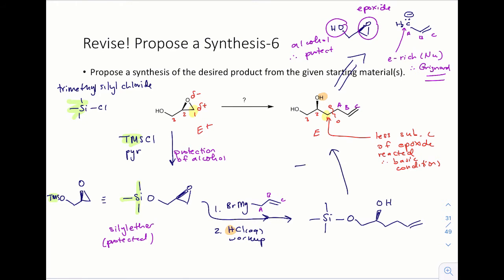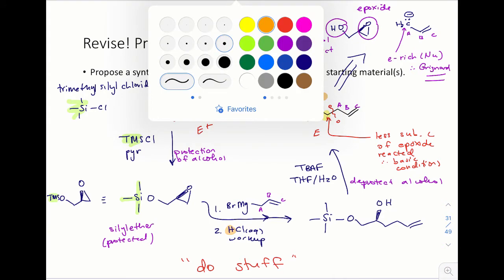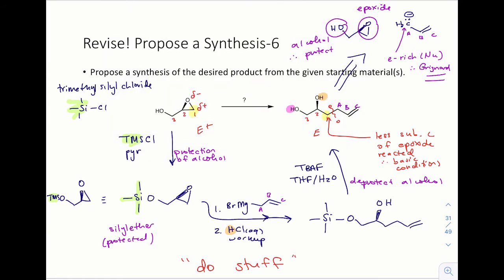So to deprotect, we'll use TBAF, that's a source of fluoride. And we'll use THF and water. THF dissolves everything organic, and water is how we will obtain the proton on the alcohol that we're unmasking, so this alcohol. Cool, we did it.